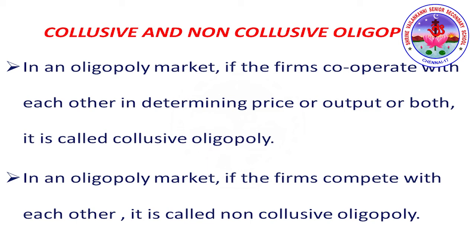So in collusive oligopoly, the firms cooperate with each other in determining the price as well as output. In non-collusive oligopoly, the firms compete with each other in determining the price or output.